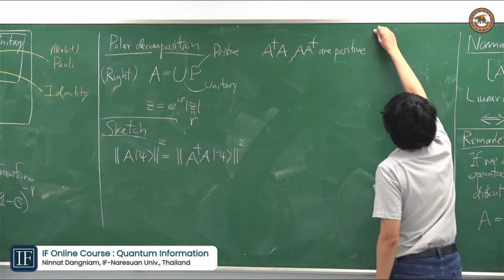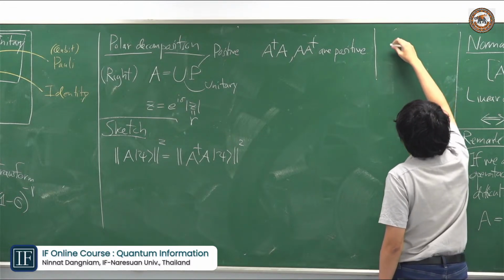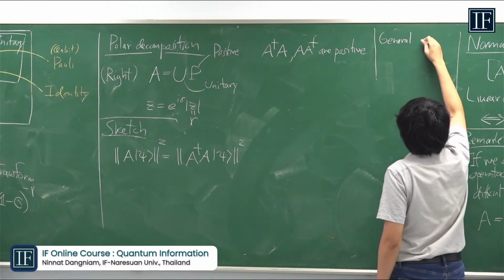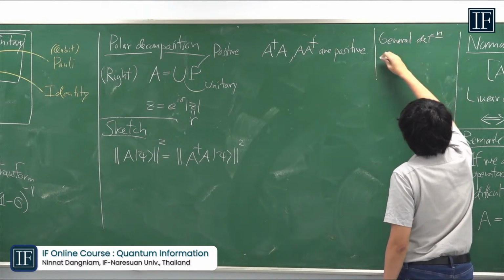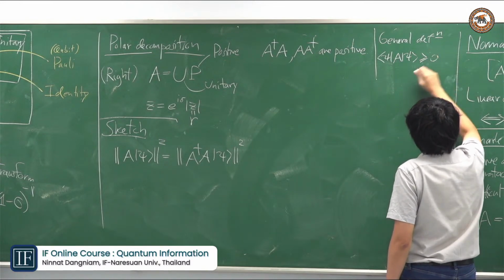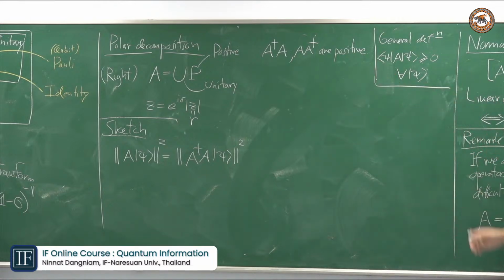I think it is maybe the most clear if I start with the general definition of the positive operator, which is that, if A is positive. Let's see the time. Yeah, there's still time.